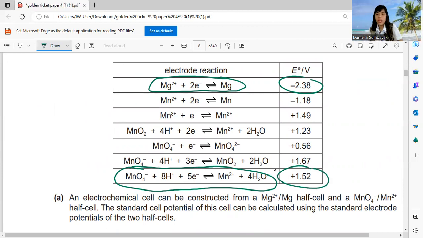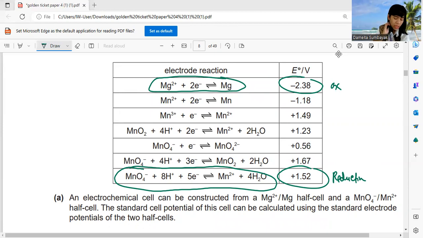From this data, we can see that because MnO4- is more positive than Mg2+, we can say this one is reduction. Then this is oxidation, right?